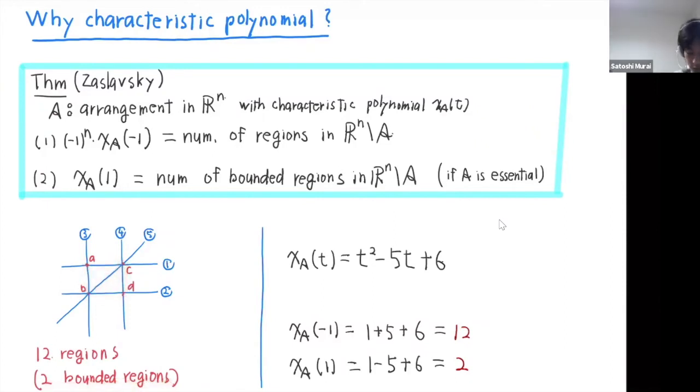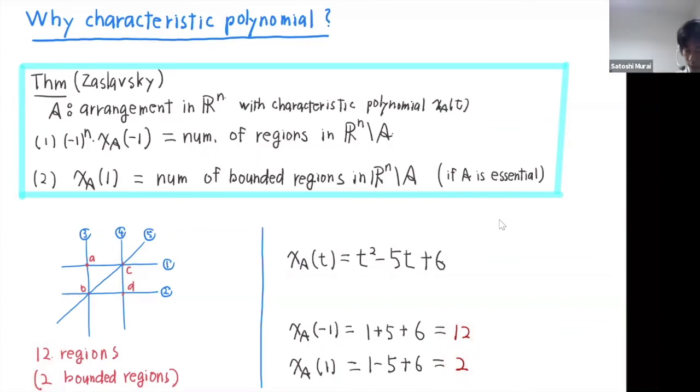And I already computed the characteristic polynomial of this arrangement, which is equal to t squared minus 5t plus 6. If you substitute t equal to -1 in this polynomial, you get 1 plus 5 plus 6, which is equal to 12. And if you substitute t equal to 1, then you get 1 minus 5 plus 6, which is equal to 2. And these are exactly the number of the regions, and also the number of the bounded regions.